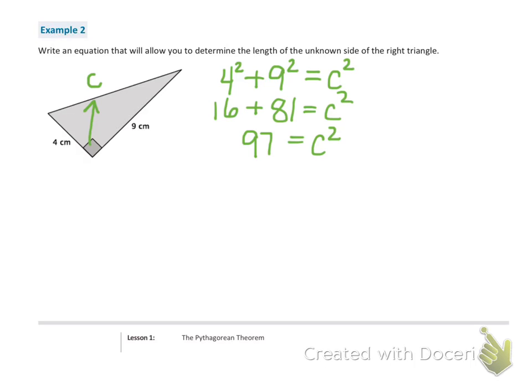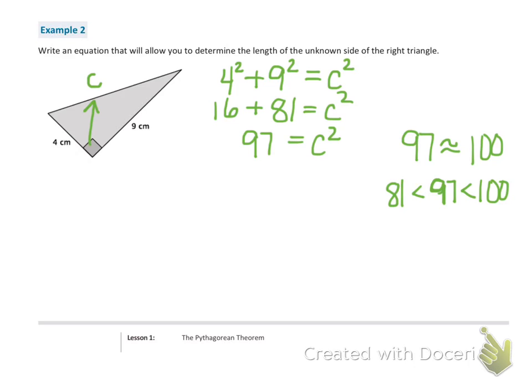So what I want to do is think of what perfect square 97 is close to. I can see that 97 is pretty close to 100, right? And in fact, 97 is between two perfect squares. It's less than 100, but it's greater than 81.